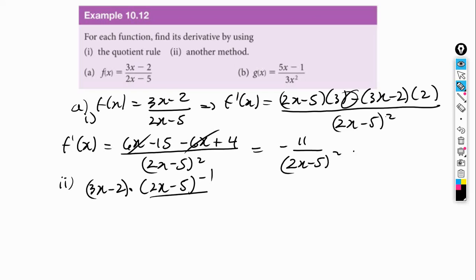So remember that the product rule is that if y is equal to u times v, then the derivative of y would be u times the derivative of v plus v times the derivative of u.